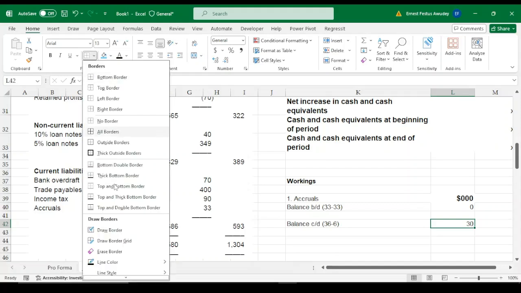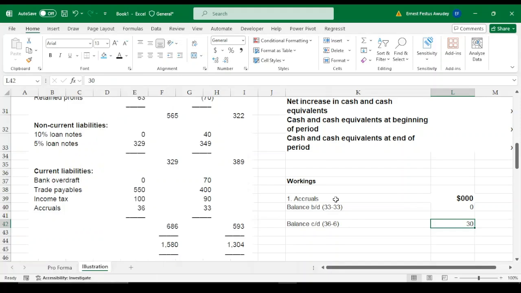So let me wrap that around with borders. Then the difference between these two figures is what we can classify as the increase. So now we have determined the beginning balance of 0 and the closing balance of 30. So what is the difference?